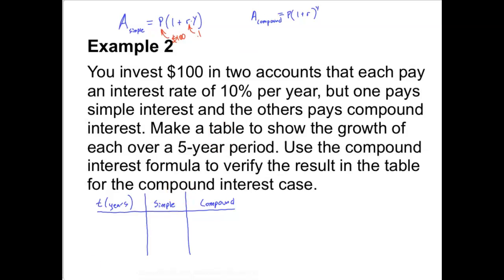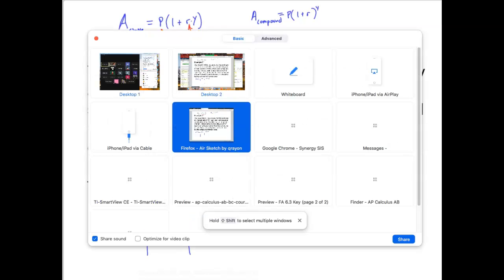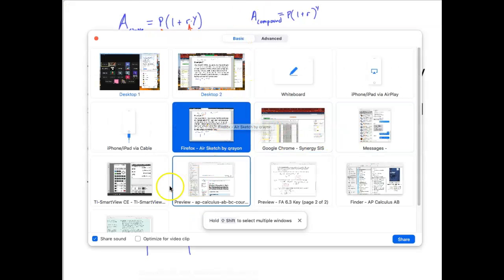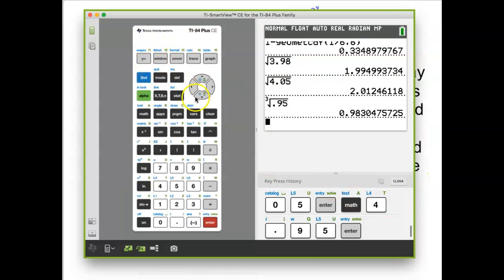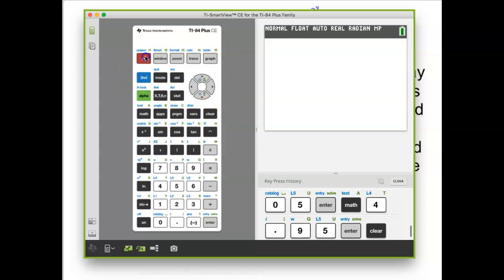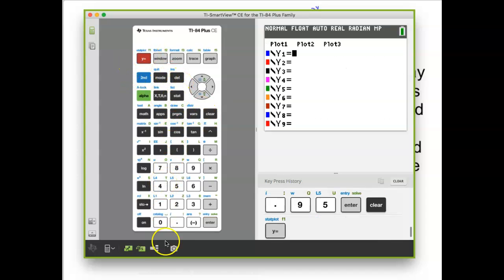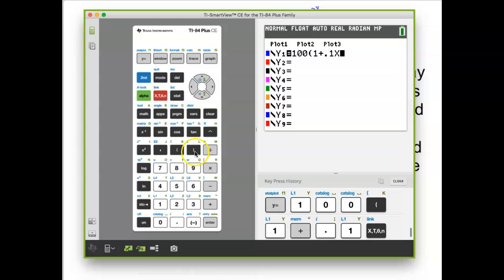So I can actually do a little trick in my calculator to make this a little quicker for us. What I'll do is put my simple interest formula. I'm going to go to y equals. I'm going to put my simple interest formula here with those values plugged in. So my principal was 100, and I'm going to do times 1 plus my interest rate is 0.1, and I'm going to plug in a variable for time.